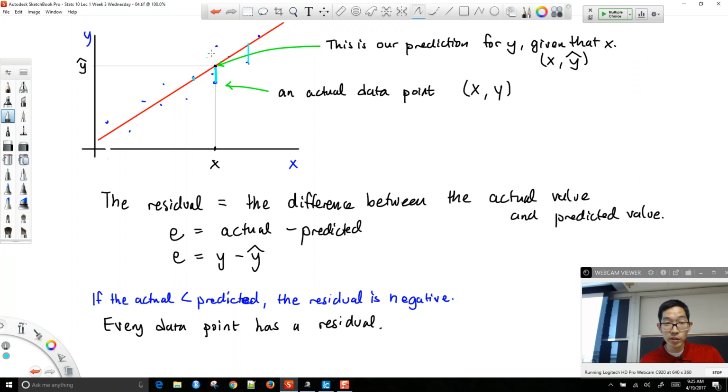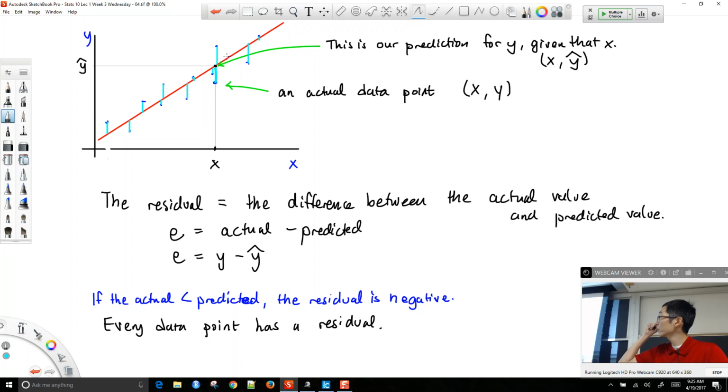This data point is very close to the line, so it has a very small residual. This one has a residual right there. And so we find all the residuals for every data point in our set. This would be the difference between what our regression equation predicted and the actual value that we observed.